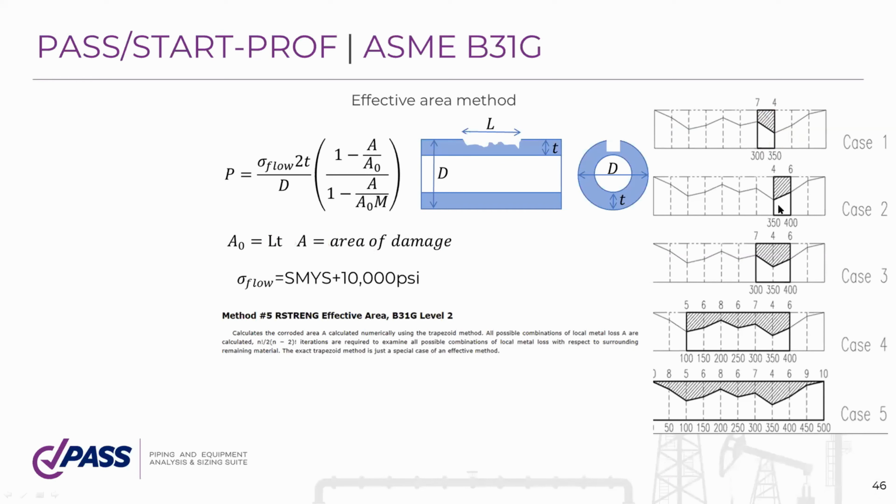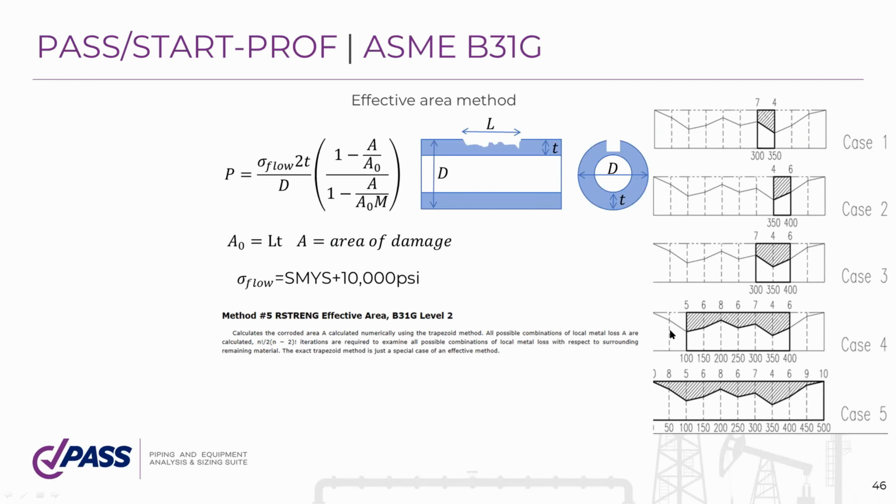So now START-PROF calculates the first case, calculates allowable pressure. After that, it checks another sector, then another sector, and checks all the sectors along this defect and calculates the pressures. After that, it calculates the 2 sectors combined, then 3 sectors, 4 sectors.